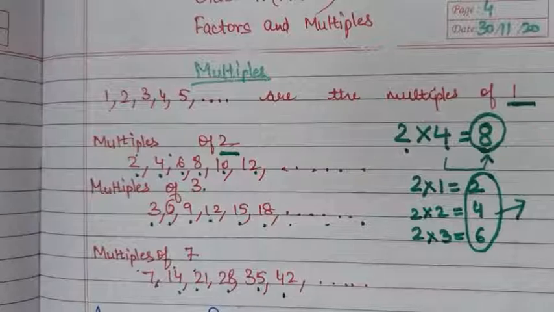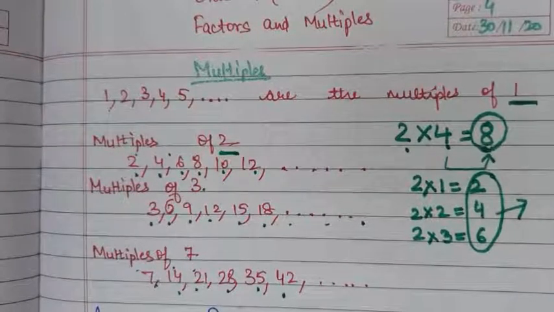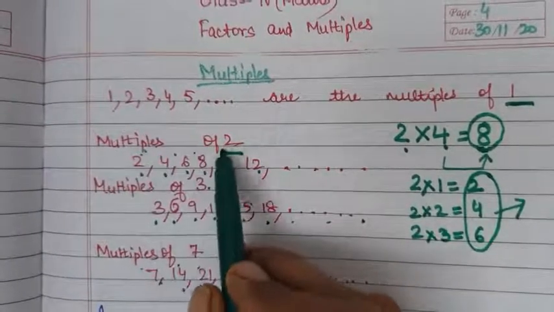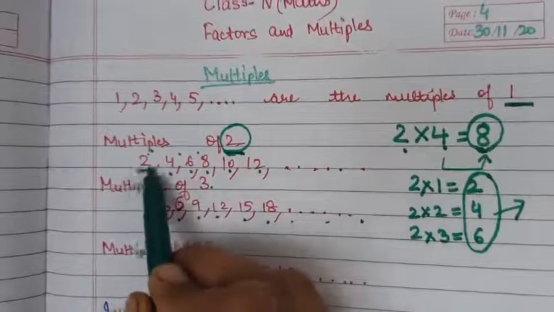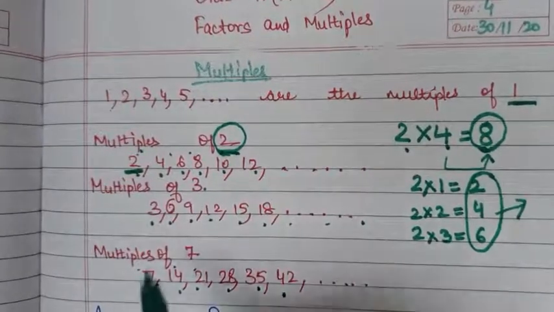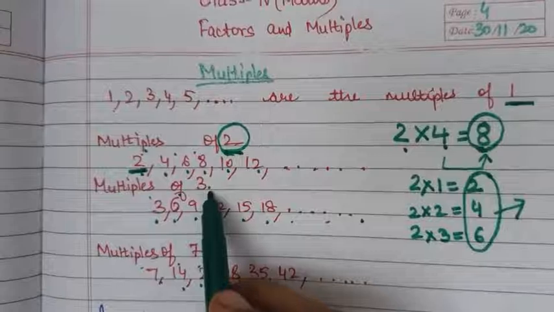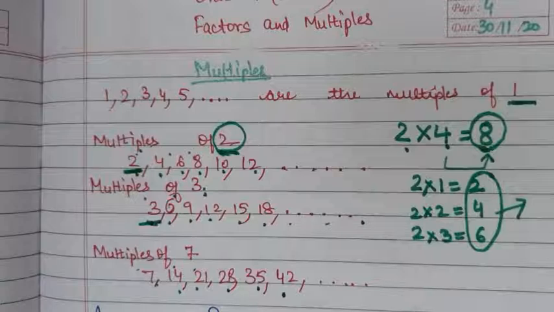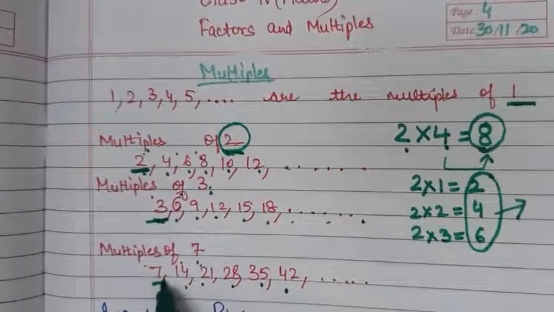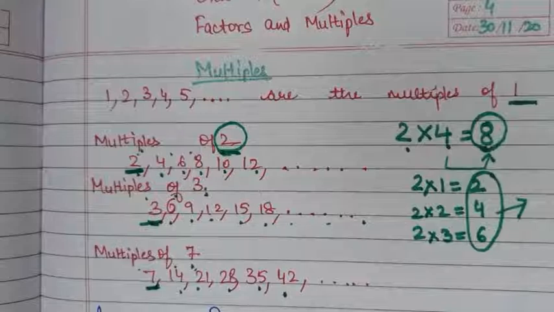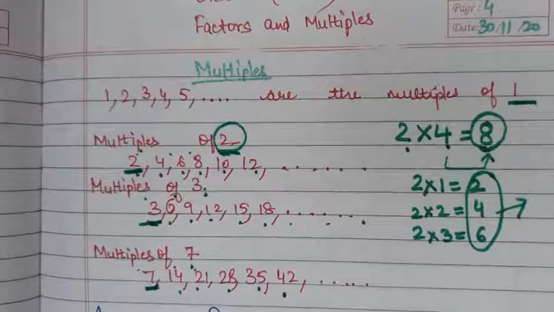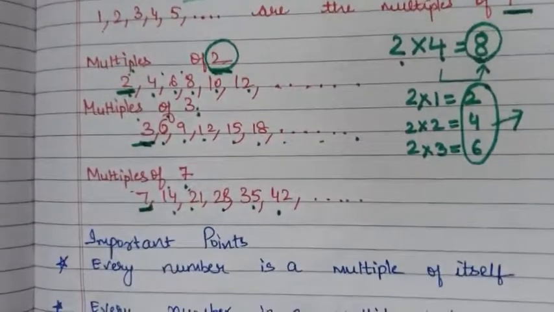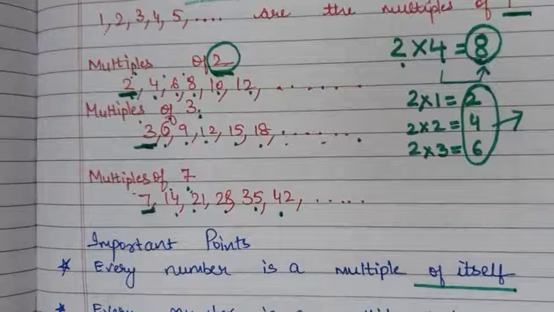Now a few important points, let us discuss them. If you see here, we are finding the multiples of 2, and 2 is coming here. We are finding the multiples of 3, and 3 is coming here. We are finding the multiples of 7, and 7 is here. So we can see very clearly and easily that every number is a multiple of itself.